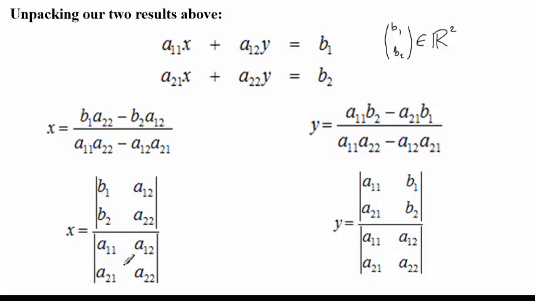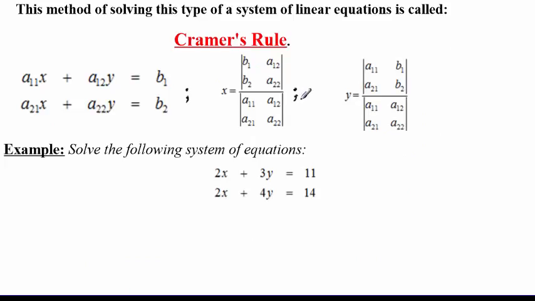Then the denominator is the common denominator, which is made of the coefficient matrix entries. And similarly for y, which in the equation belongs to the second column, we replace that with that column vector, and then we retain the column vector made by the coefficients of x. That way we calculate the value of y. Then we have to now test whether it works.